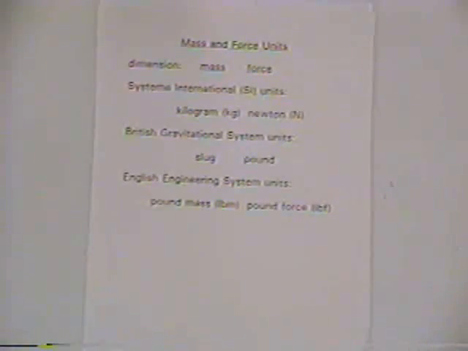And so in the SI system, mass is a kilogram and force is a newton. And the British gravitational system, we're looking at slugs for mass and pound for force. And the English engineering system that many of us would certainly like to get away from, pound mass and pound force. And I think we are moving away from those units. They're a bit confusing.